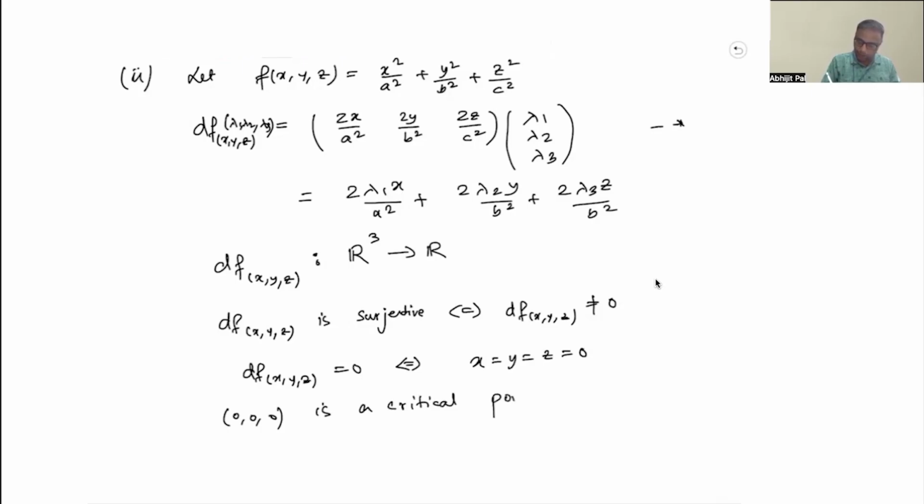In fact, it is the only critical point you'll get. So this is a critical point of f. Okay. And 0 equals f of that point, so this is a critical value of f.